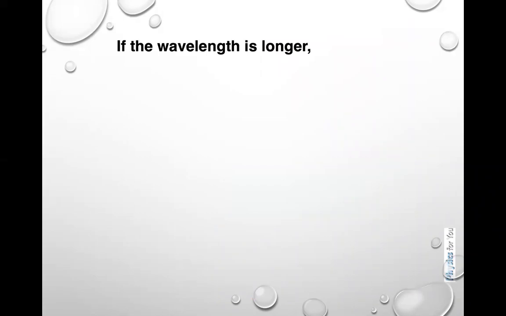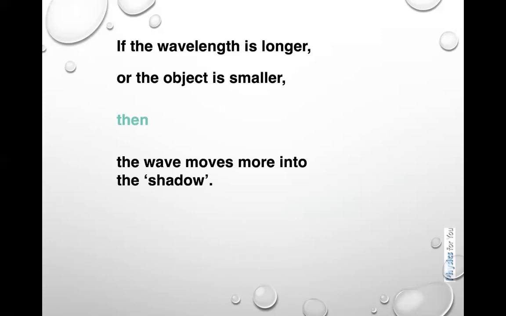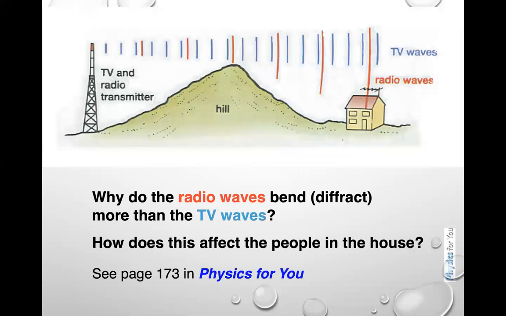If the wavelength is longer than normal, or the object is smaller, then you will find that the waves move more into the shadowed area. And this happens, as you can see, when TV or radio waves are traveling from one place to another. You can find here that radio waves are always being caught because of the diffraction of the waves.